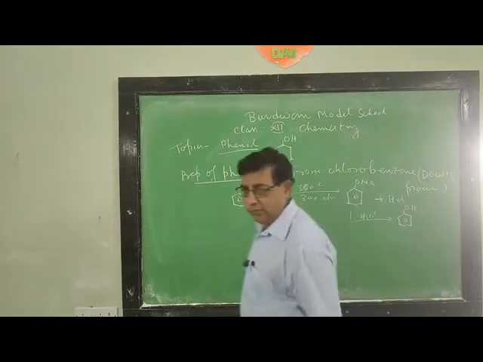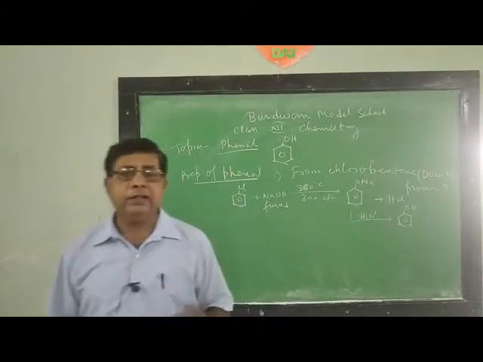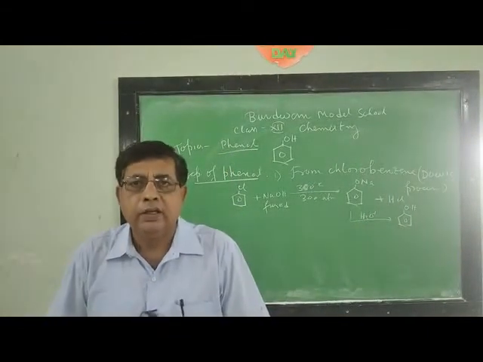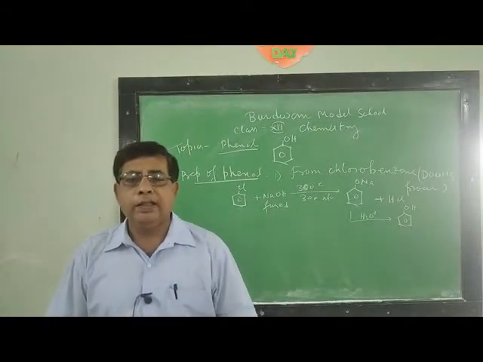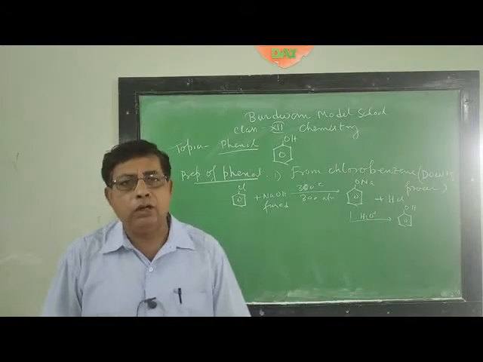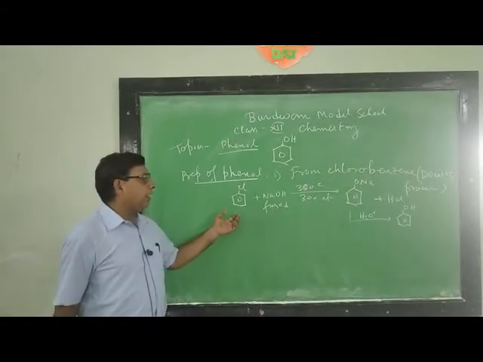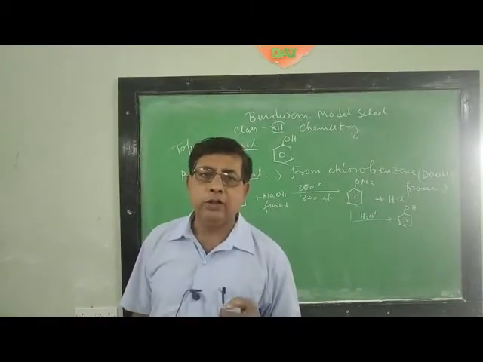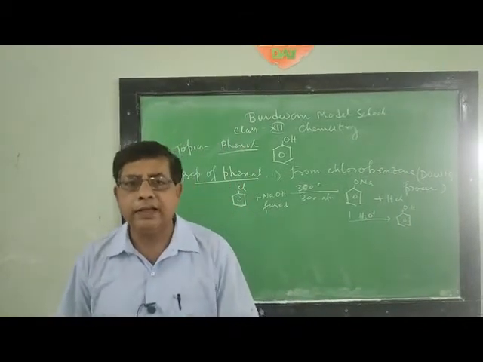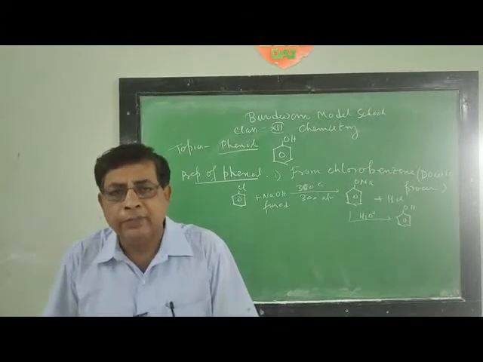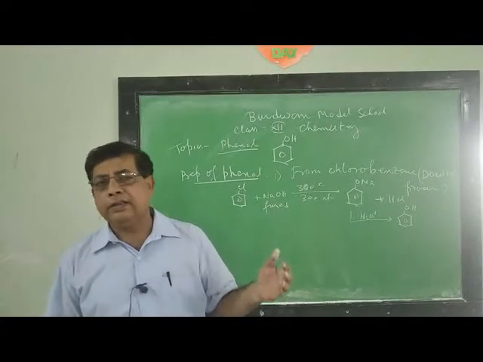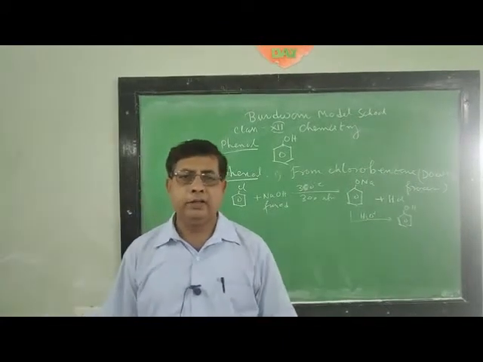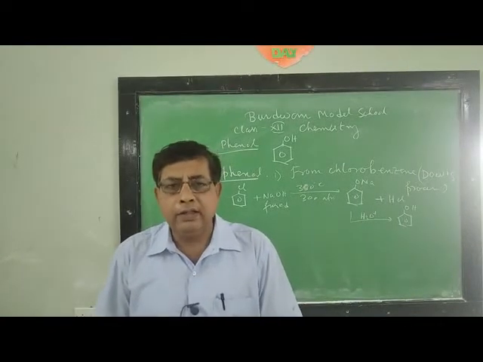Here one point you remember: in case of alkyl halide, if we treat with aqueous NaOH, we can prepare alcohol. But in case of aryl halide, with aqueous NaOH we cannot prepare phenol, because aryl halide is less reactive than alkyl halide. I have already discussed that in haloalkanes and haloarenes. Why is aryl halide less reactive?